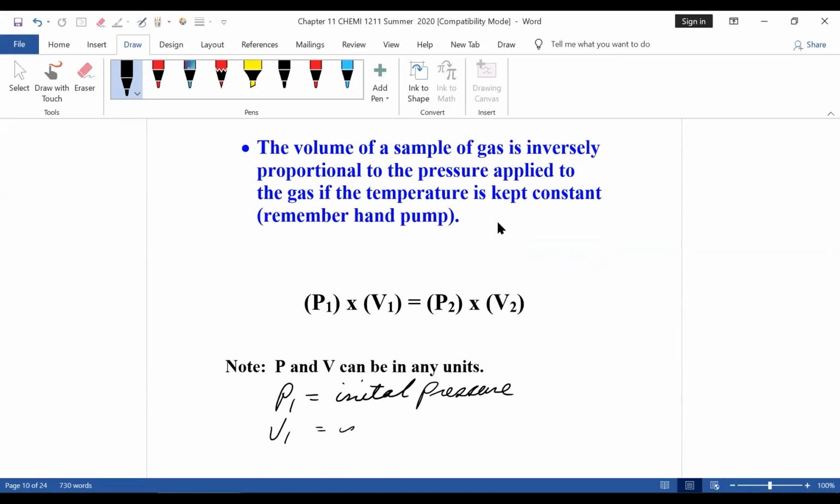V1 is the initial volume. P2 equals the final pressure, getting ahead of myself, and V2 equals the final volume. And this is Boyle's law.